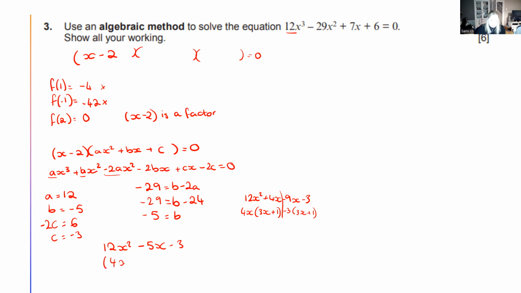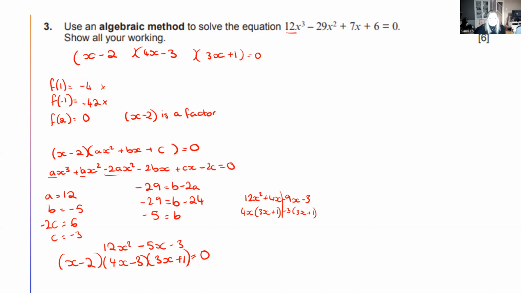We've got 4x minus 3 and 3x plus 1. And then I can add my other bracket in there, x minus 2, and that is equal to 0. I can write them at the top. 4x minus 3 and 3x plus 1. There we go.